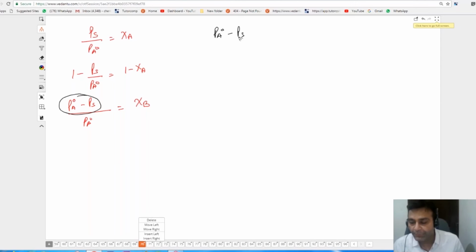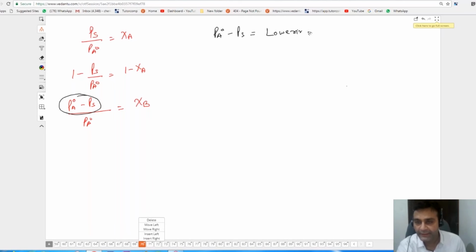Very good. And what is PS? Vapor pressure of solution, right? So, which is the greater value? Yes, PA naught, right? So this is basically how much vapor pressure has lowered.